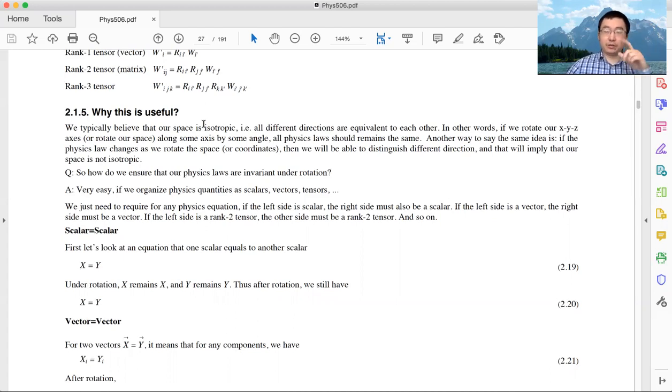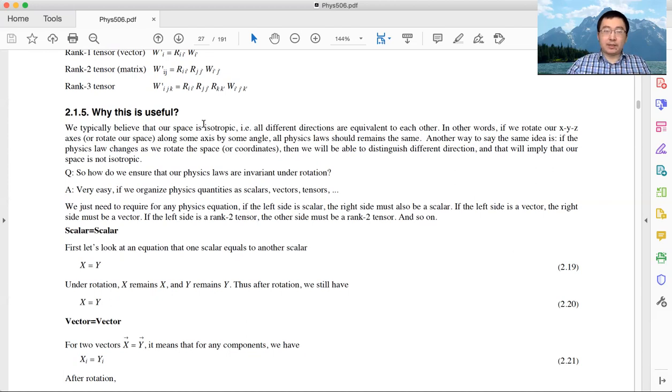Physics quantities could. For example, if I rotate the XYZ axes, my coordinates change, but the physics law never changes. For example, Newton's second law, F equals ma. The XYZ components of the force will change if we rotate the axes. The XYZ components of the acceleration will also change if we rotate the axes. But the fact that F equals ma never changes, no matter how we rotate the axes.